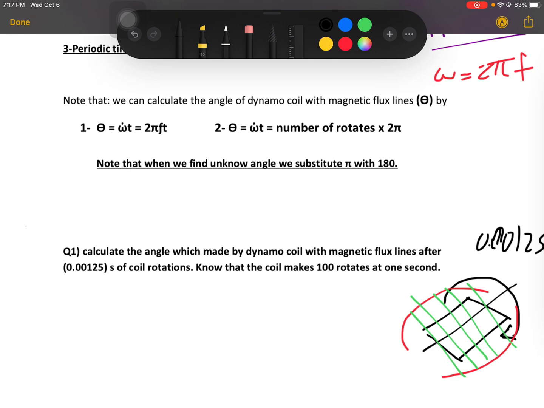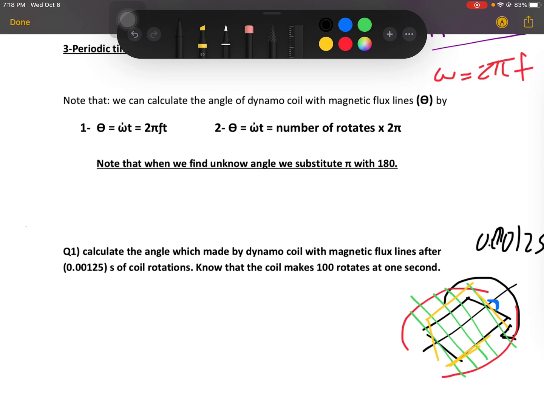So the coil after 0.00125 second will move, so it will make an angle with the magnetic lines. For example, it will be in this case. So there is an angle here, I will make it blue, between the magnetic flux and the coil. We need to find this angle.